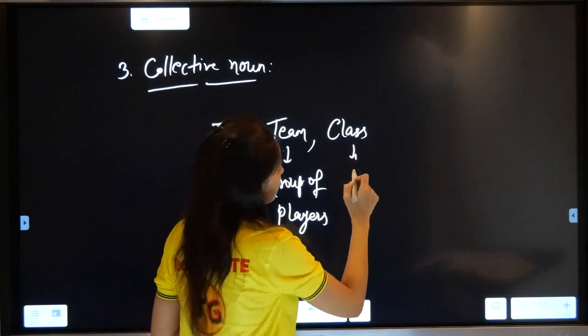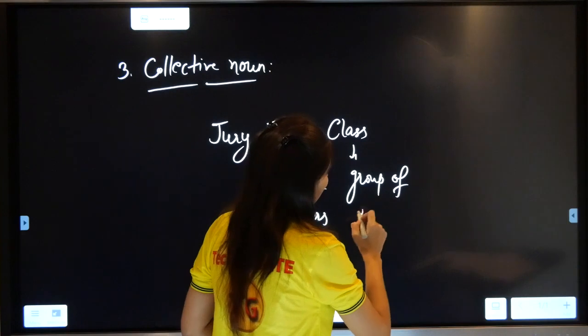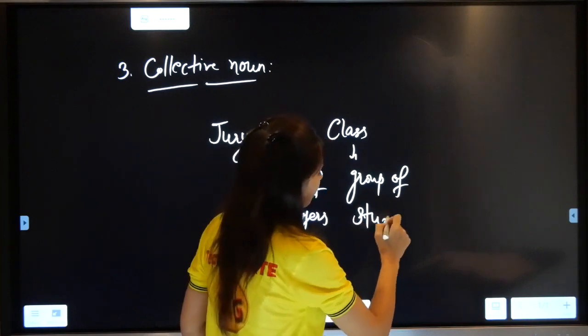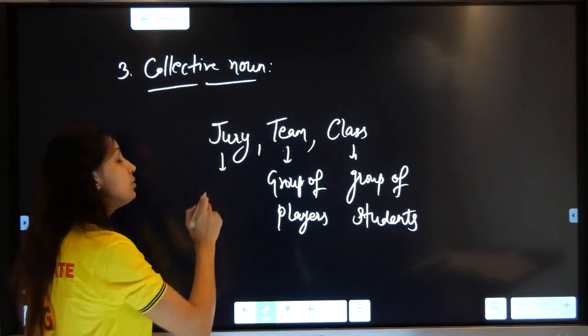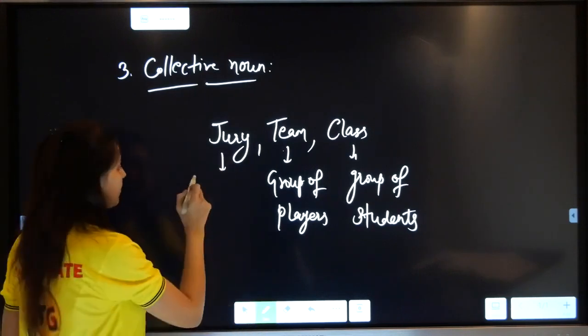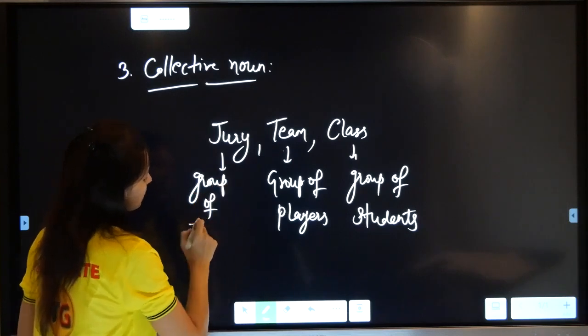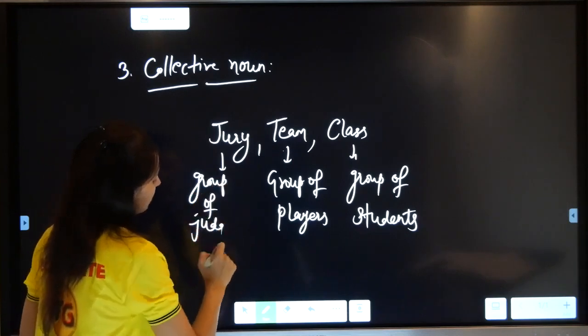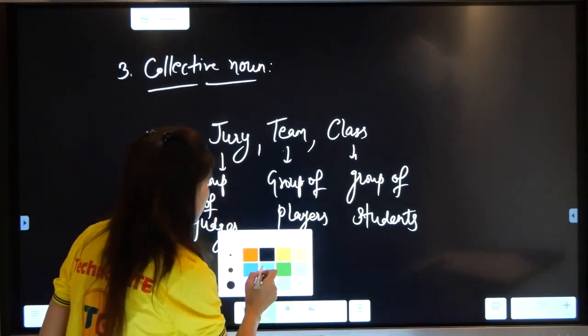Class means group of students. Agree? Jury, what is jury? Group of judges, okay? So you can observe what common thing from here. आप क्या observe कर सकते हैं?